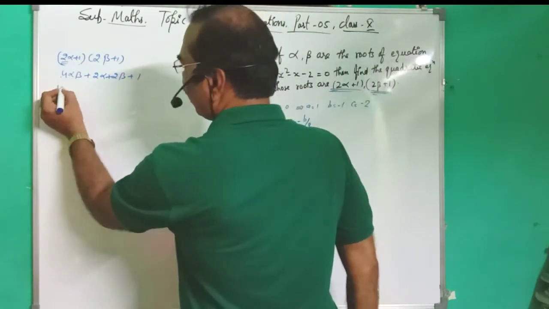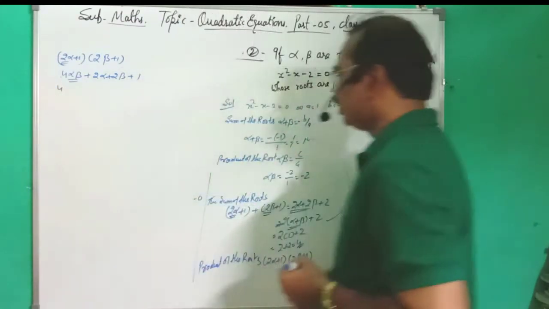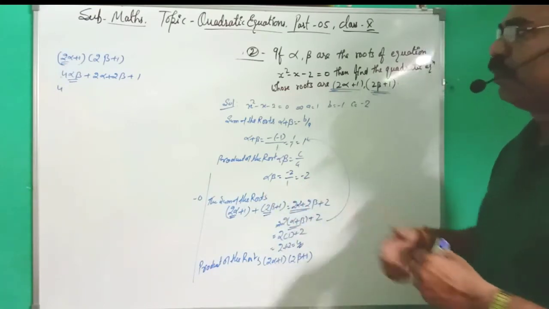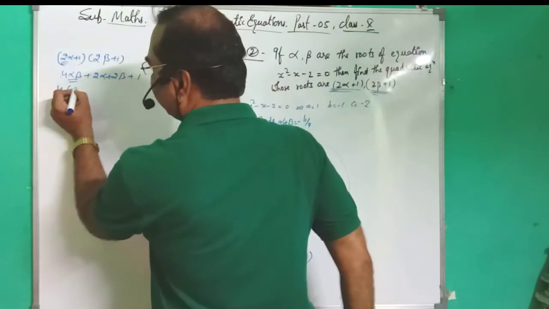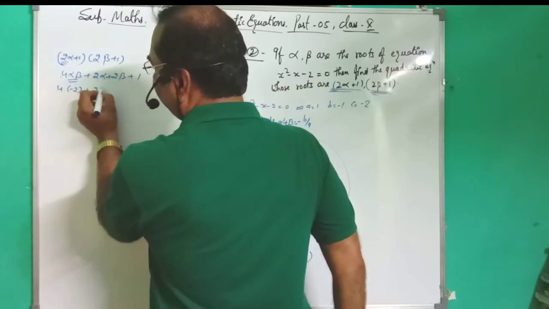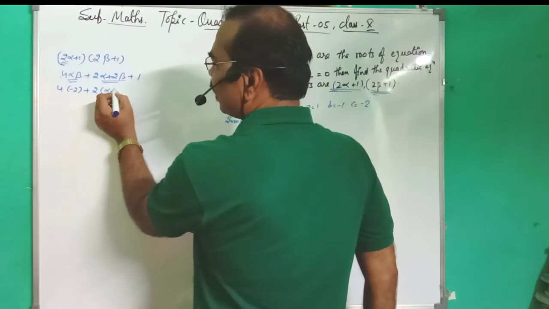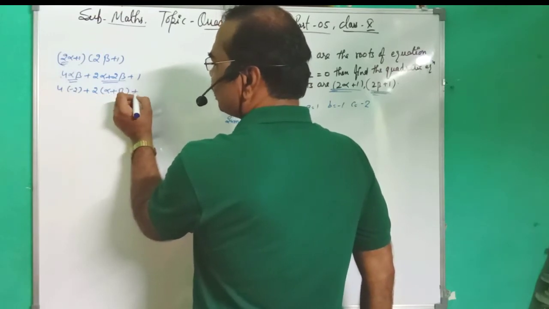Okay students, that is 4 alpha into beta. According to the question the value of alpha into beta is -2. So we can write 4 times -2, and again take the common factor 2, and the rest is alpha plus beta and 1.